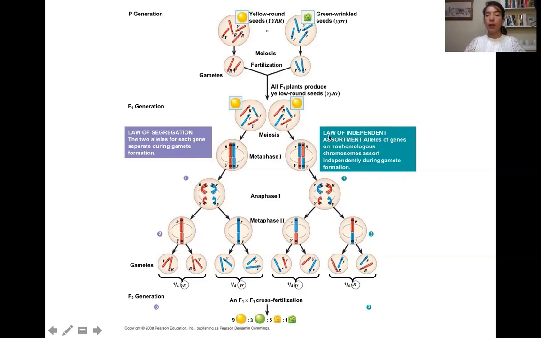Now, what's the law of independent assortment?